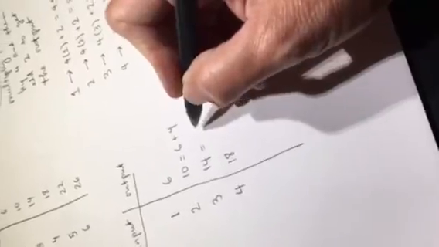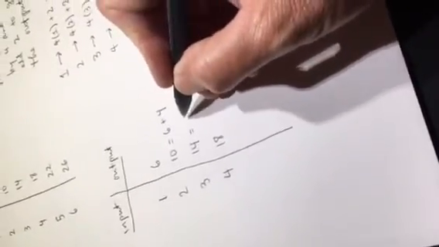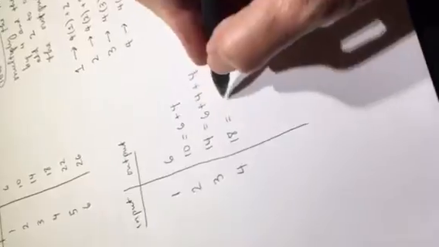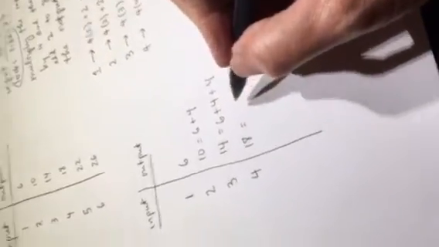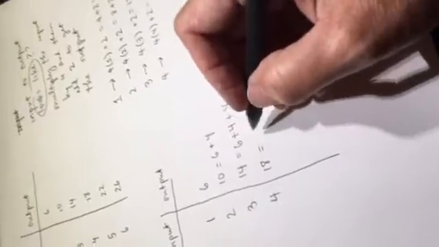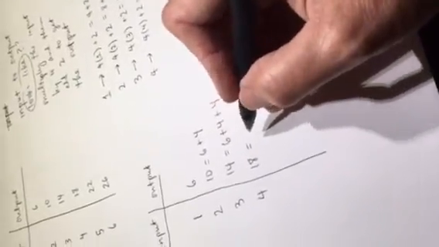And when the input is 3, I get 14, but that's 10 plus 4, and 10 was 6 plus 4. 6 plus 4 plus 4. This is for those of you who, like me, would have trouble seeing that pattern right off. 4 times the input plus 2.